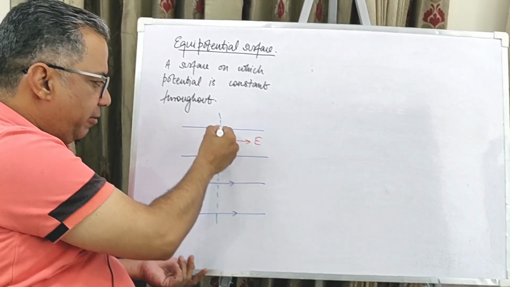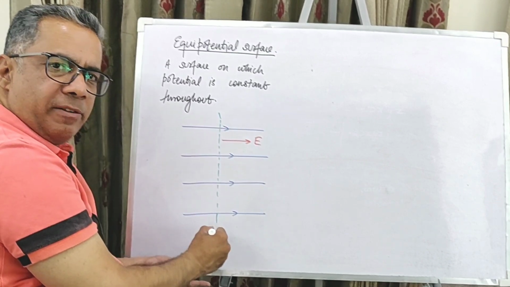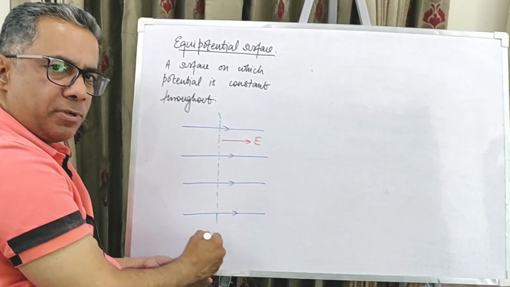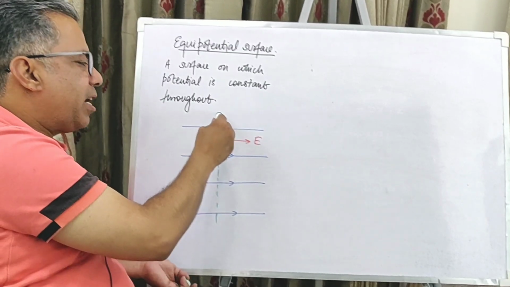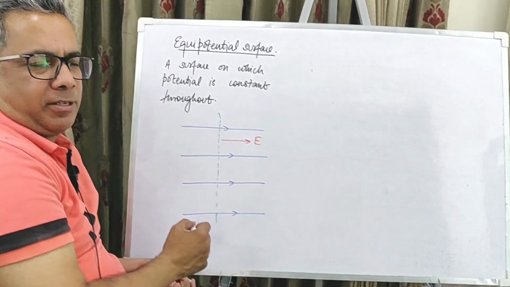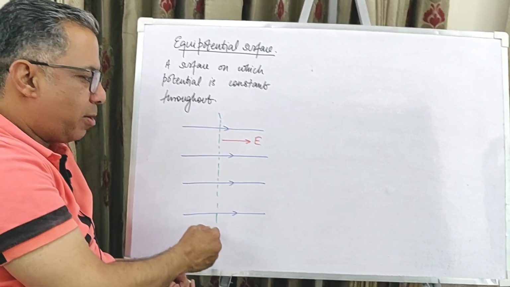If we move along this surface, all the time we are moving perpendicular to the electric field, and this surface therefore has same potential throughout, because as you move in a direction perpendicular to the electric field, potential does not change. So along this surface, potential is same throughout.